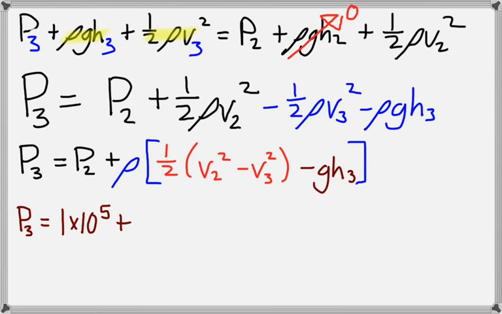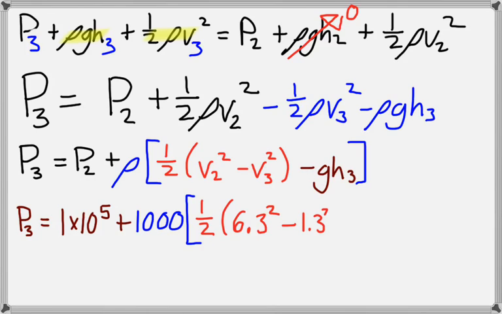Let's assume it's water. So the density of water is 1,000. And then 1/2, we've got 6.3 squared minus 1.3 squared. And then minus 10 times 1. And then close that bracket out.